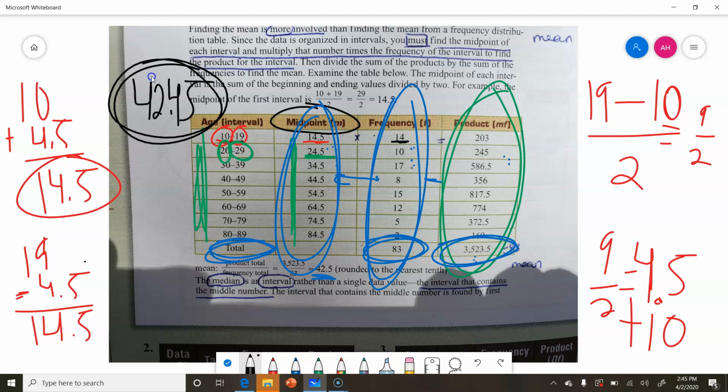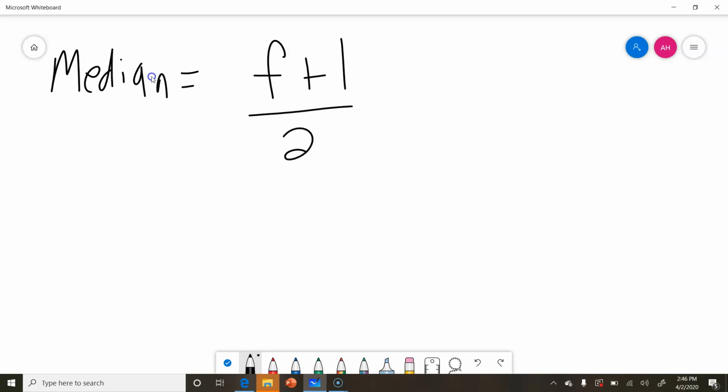Now, we haven't done one thing yet, have we? We haven't found the median. So how in the world are we going to find a median in all of those numbers? Well, the formula we used, which I think you'll be able to use on all of the homework, is this right here. You take f plus 1, f is what we don't know, divided by 2.